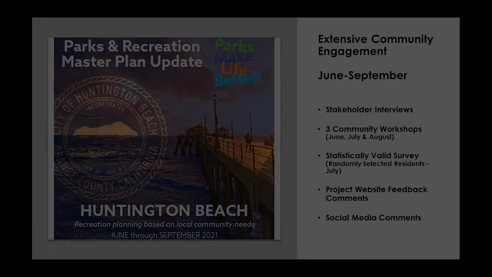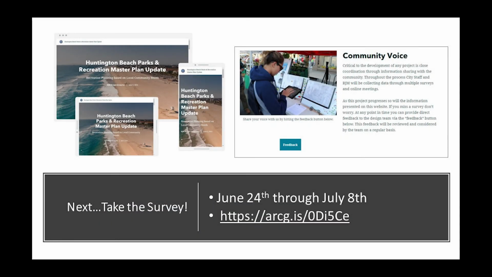So anytime you post, click, or send feedback information in, we want to make sure that we collect and hear as many voices as possible throughout this process, because the more community members that get involved, the stronger this document is. So please make sure that you share information with your friends and family throughout the community, so that way we can hear everybody's ideas on the future of Parks and Recreation here within Huntington Beach.